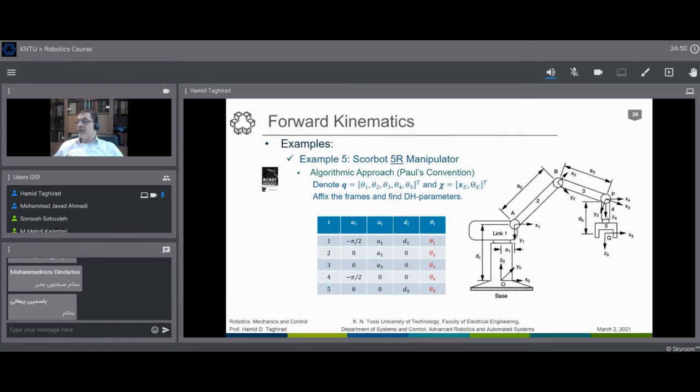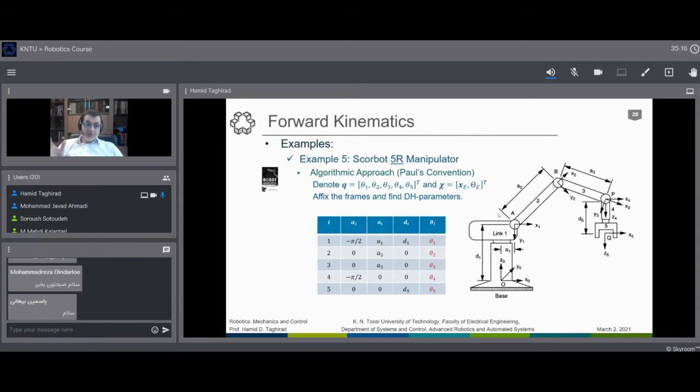Very similar to Z4 and Z5. And then we can find the X values regarding the offset that we have in this manipulator, which is quite similar to many industrial manipulators. The second link has, or the second joint, we have a first joint which is rotation out of the plane.